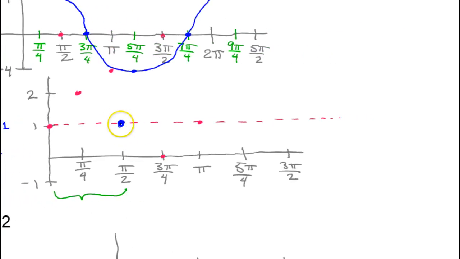From my brand new point that's been shifted over to the right, I'm going to follow the sine function pattern, which goes up to its highest value, back to the midline, down to its lowest value, and back to the midline. So this is the final graph of the sine function after all of the transformations are done.